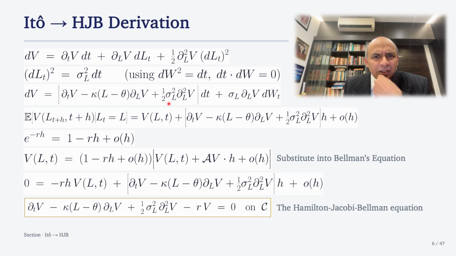Then we take expectations, which kills the martingale term dW, and then discount and substitute into the Bellman equation, and you're left with the boxed HJB, the Hamilton-Jacobi-Bellman equation. This is valid in the continuation region C. So what's happening here is Ito is giving us the generator, the expectation removes the noise, and the discounting supplies this rV term.